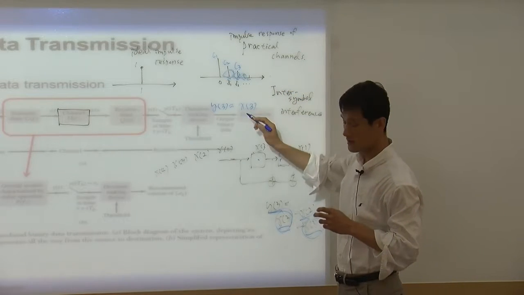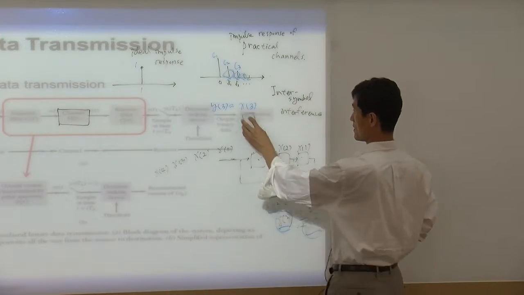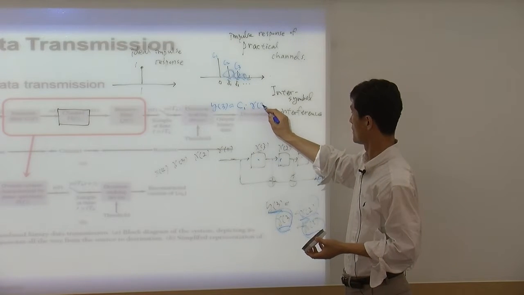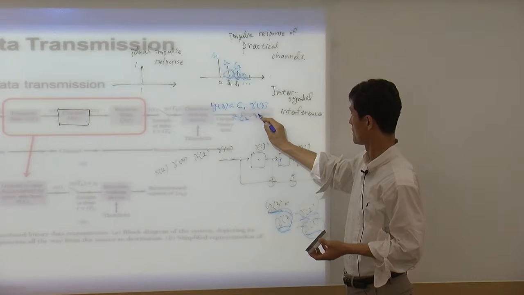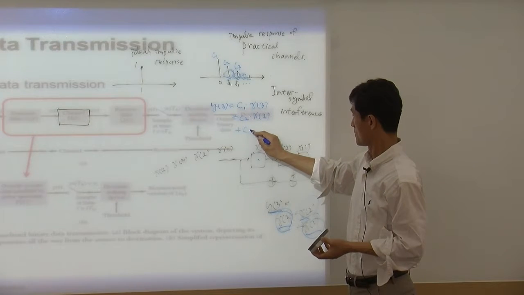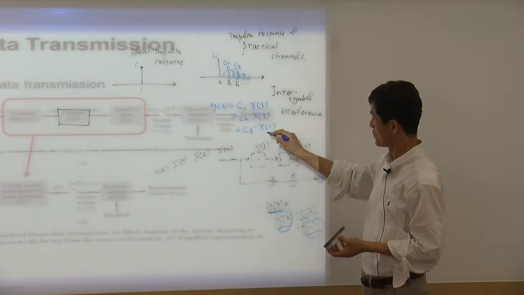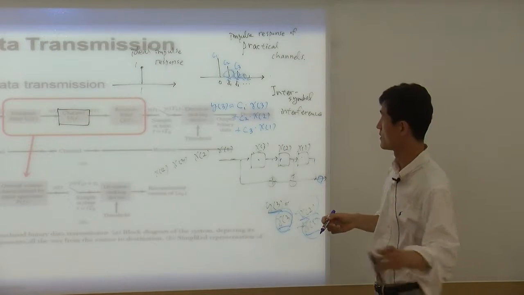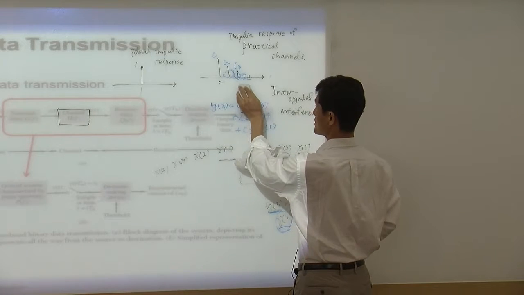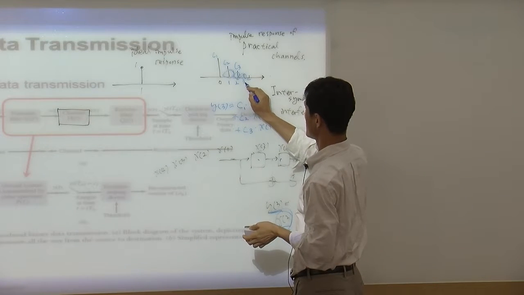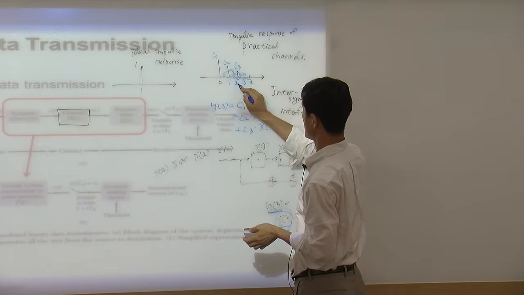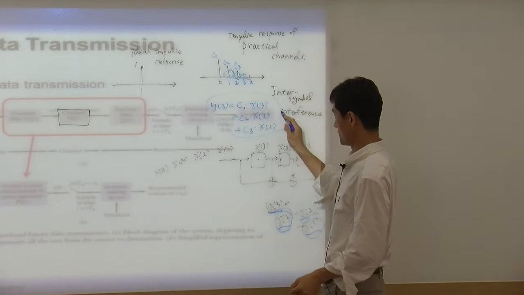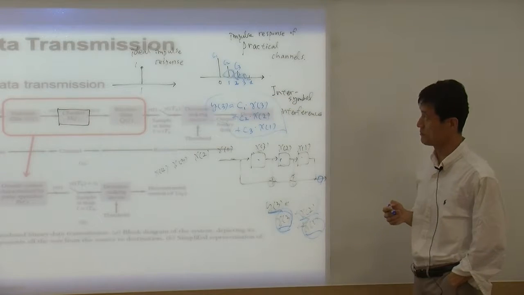In that case, you're going to get this output. Let's make this delay also a natural number like this. Then you're going to get this kind of output when you have this impulse response.